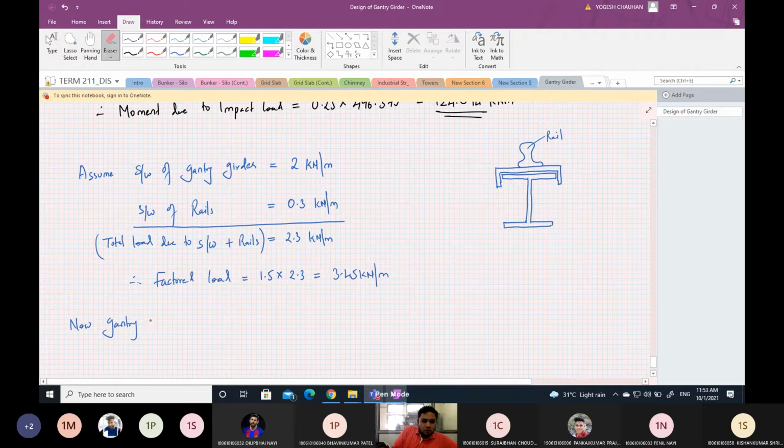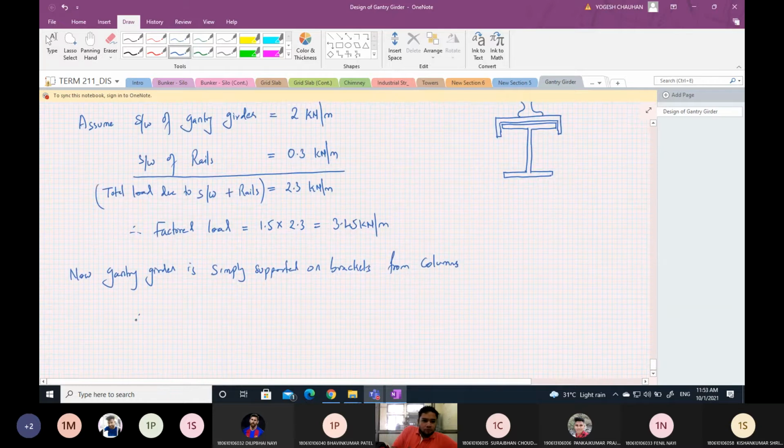Gantry girder is simply supported on brackets from columns. So the bending moment due to self weight, you can say this is the total dead load.